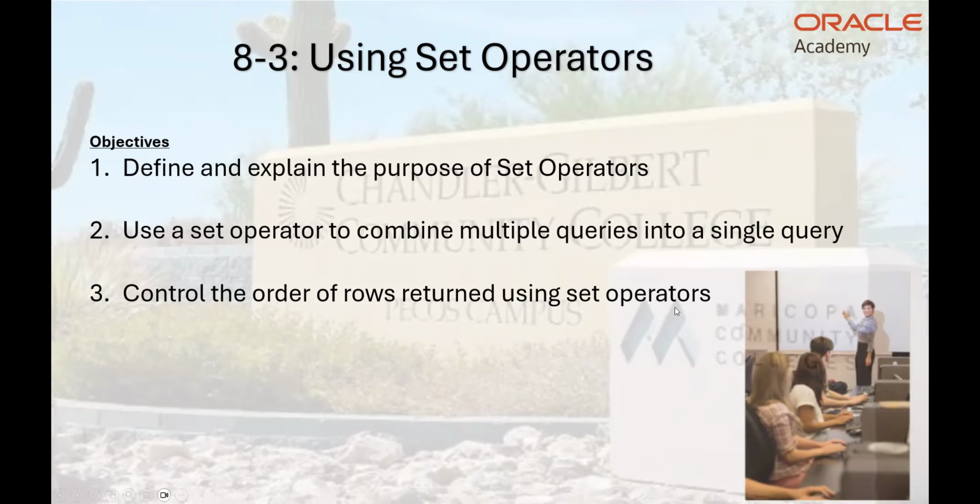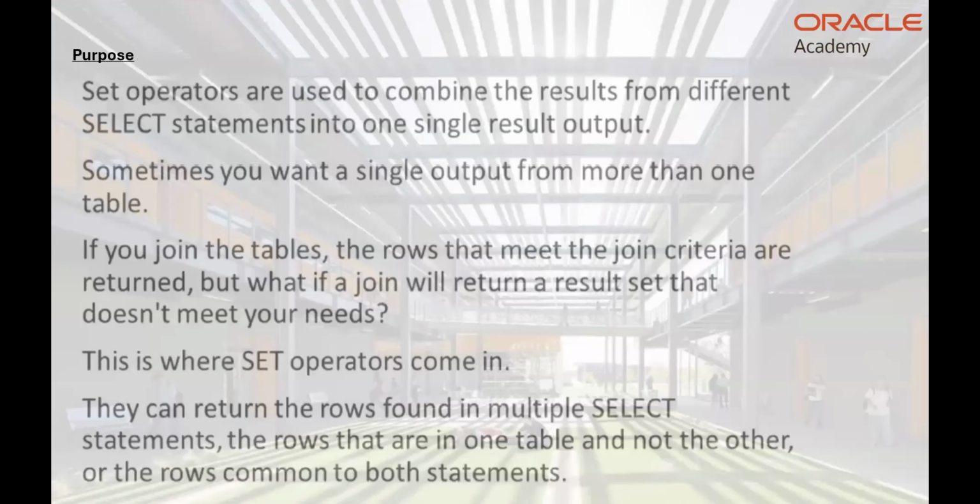So these are set operators. They're used to combine multiple queries into a single query and control the order of rows returned. So why do we need to know this? Sometimes you do need a single output from more than one table without doing a join.